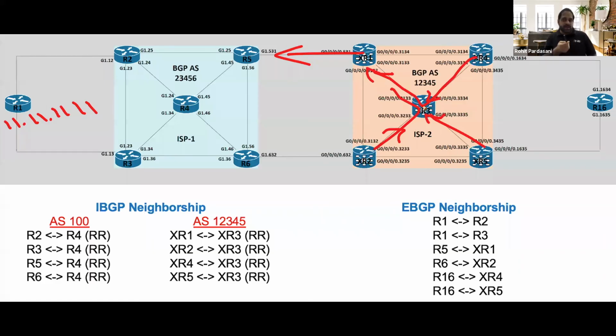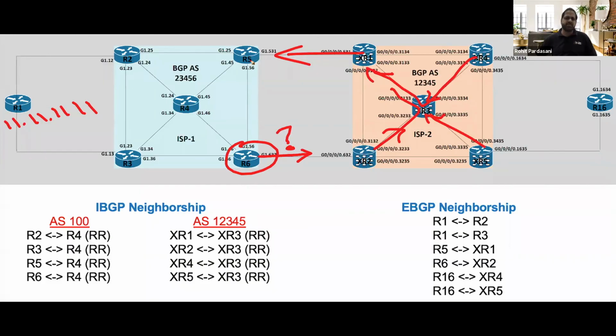So what is better in origin code? I is better than incomplete, correct? What is R1 advertising the route as? It is using a network statement, which means R1 is going to be advertising to its neighbors as I. So all I have to do is tell R6, when you advertise to XR2, send incomplete.